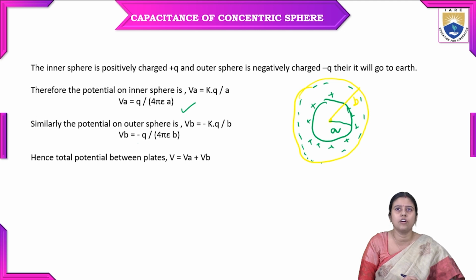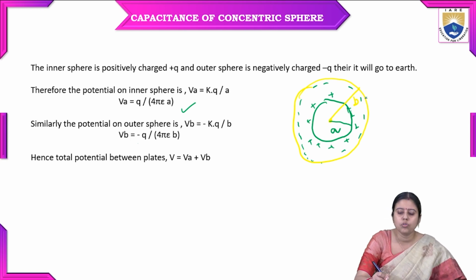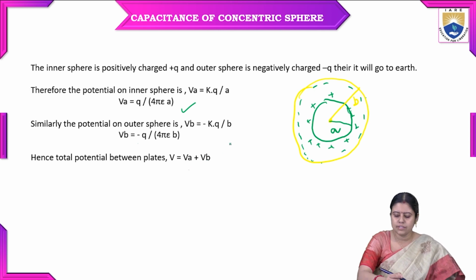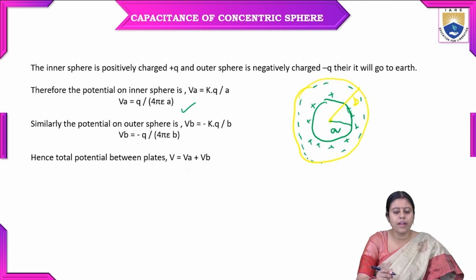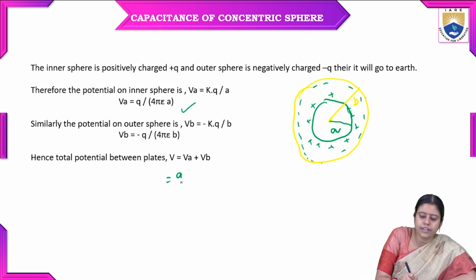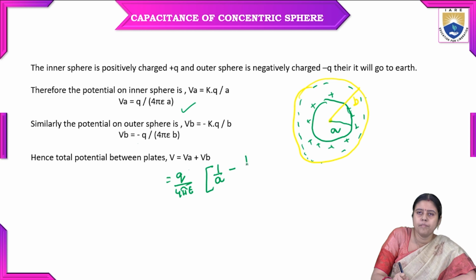So VA is equal to q by 4 pi epsilon A, VB is equal to minus q by 4 pi epsilon B. So what is the total voltage? Total voltage is VA plus VB. If we take the q by 4 pi epsilon constant, we will get 1 by A minus 1 by B.